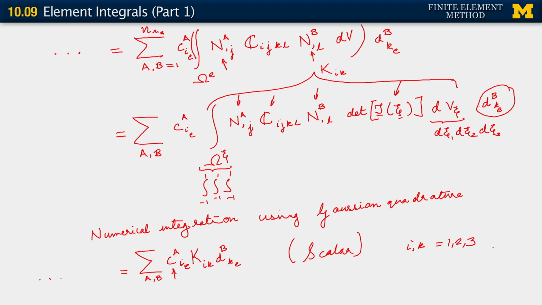The indices A and B, because those indices are still here. So anything that we compute for the integral is specific to the combination of nodes A and B which went into that integral, that formed that integrand. So we have an object here which I'm going to write as K^AB_ik.